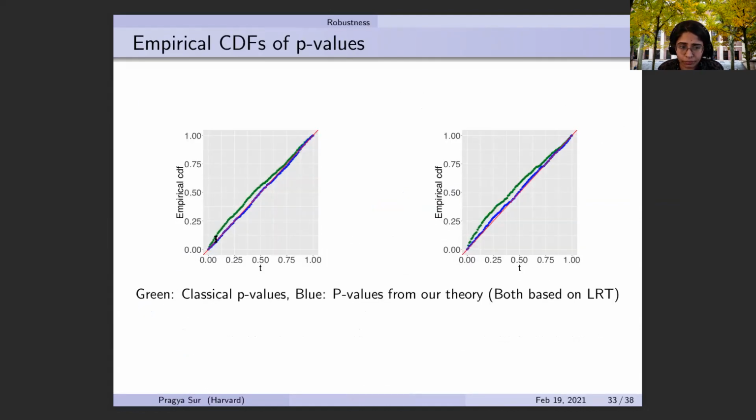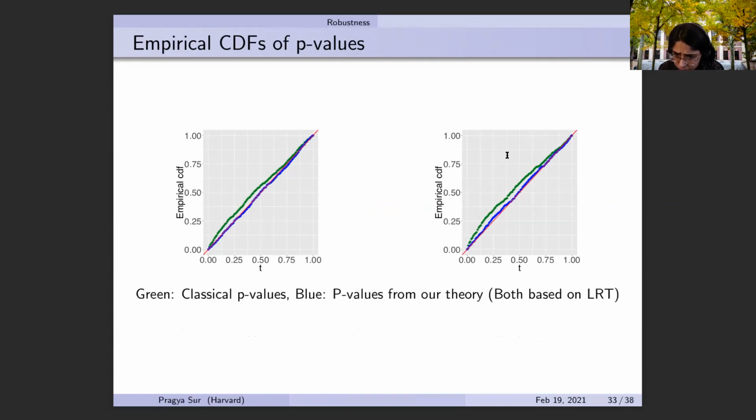This is the empirical CDF of p-values, and for our theory, that is the blue points. You see that it more or less grazes the red line. There is a little bit of deviation here, but the classical theory is the set of green points.